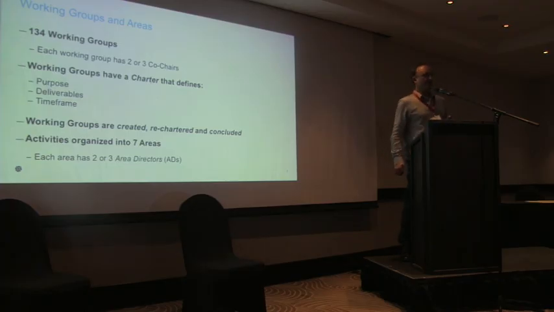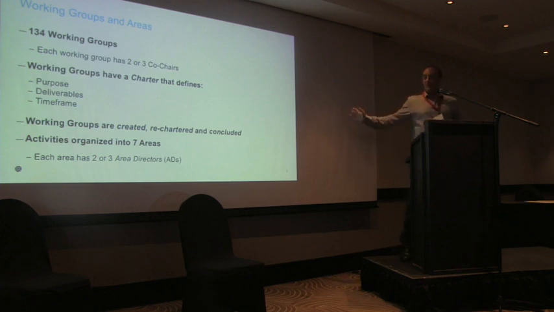He counted 134 as well, so it's good that two people counting get the same number. They usually have two or three co-chairs who share the work, and there is usually a specific purpose, a charter and a focus, specific deliverables and a defined time frame most of the time. But as I mentioned, some working groups are very long running.